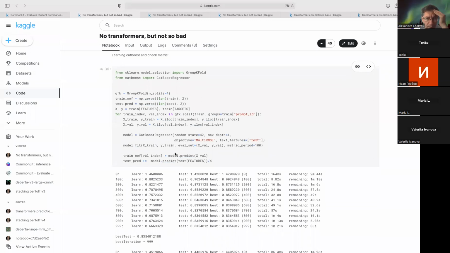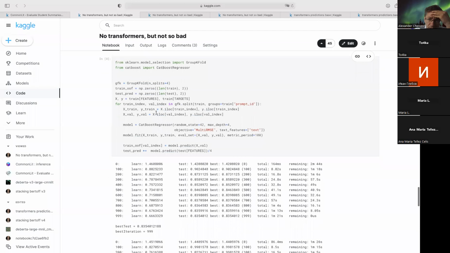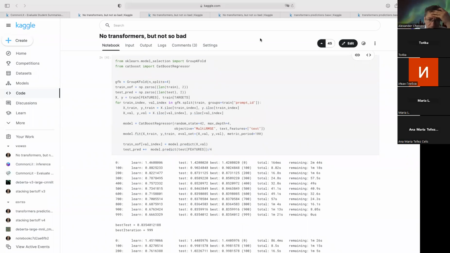You don't have to build a multi-regression model yourself. You can just put your features and your targets in the model and use the multi-regression loss. Also, CatBoost has its own approach for handling text features, and I send text features to it without any pre-processing, just by the name of the column in my train dataset.